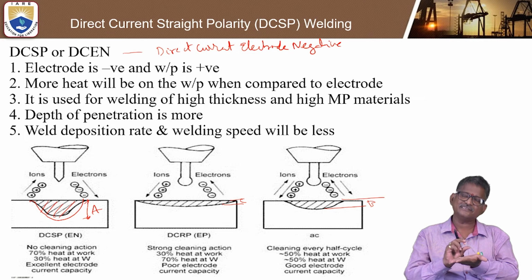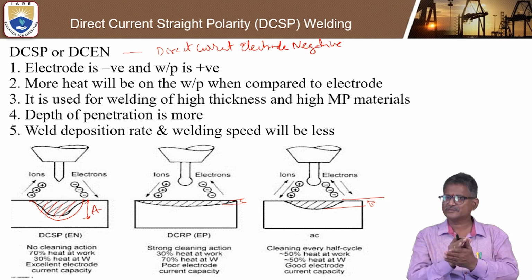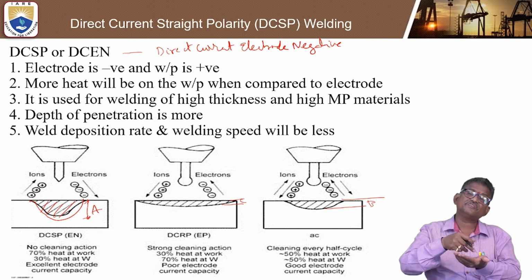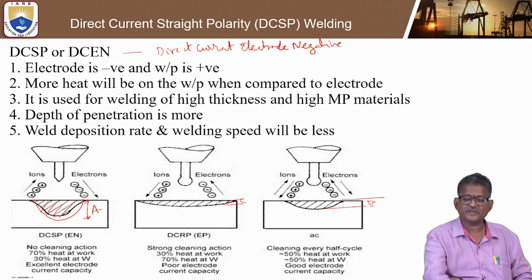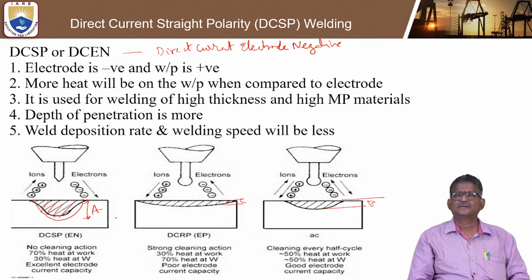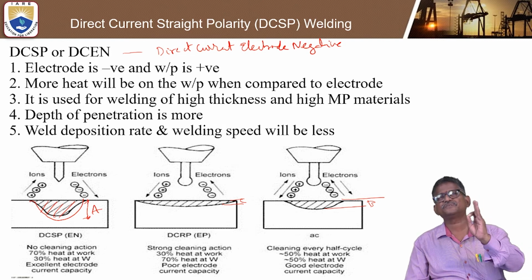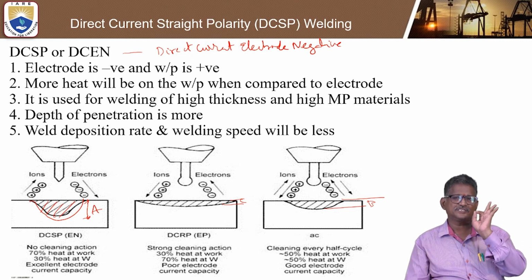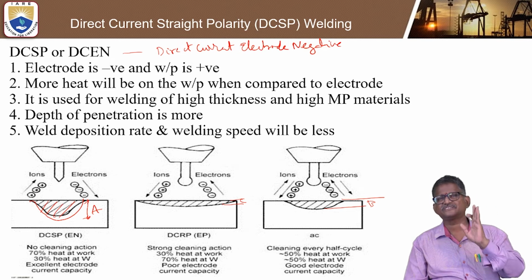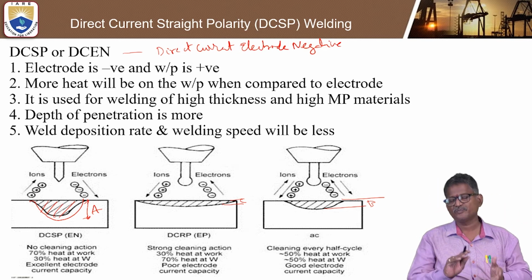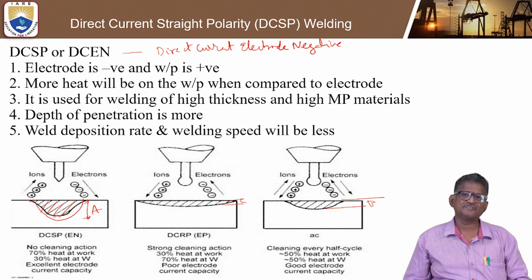Similarly, high thickness and high melting materials can be used. Depth of penetration is very high in DCSP, and the only thing is deposition rate and speed are very low. Just all these points are opposite to the DCRP, reverse polarity.